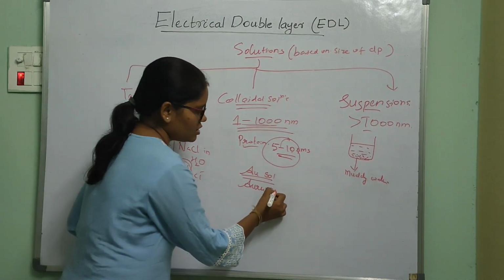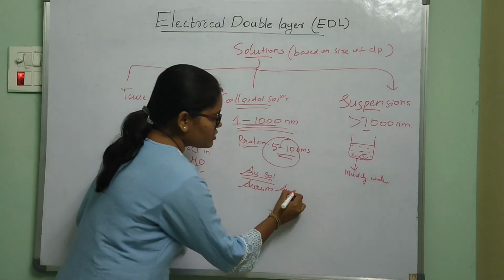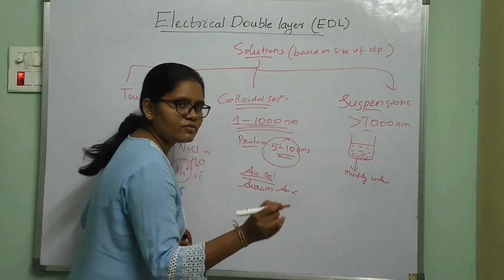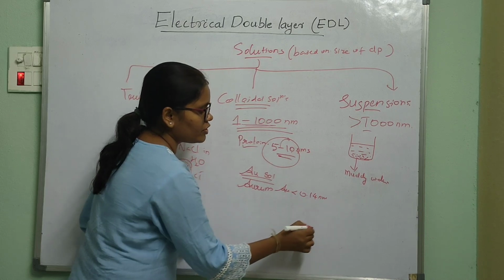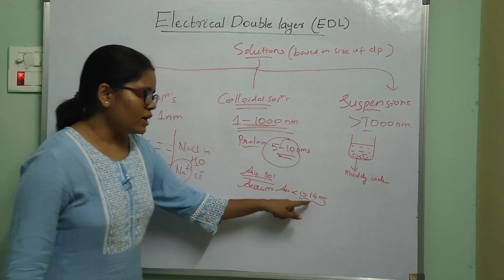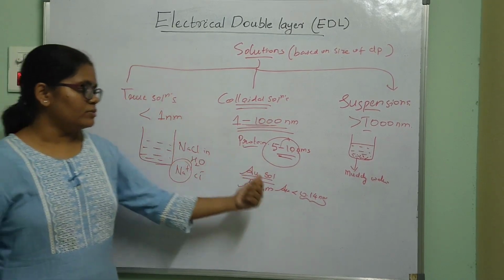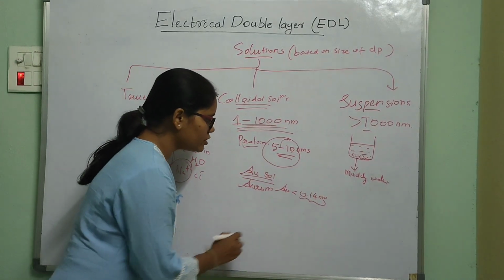Because we know that gold atoms are very small in size. The size of a gold atom is somewhere between 0.14 to 0.15 nanometers. So when the size of a gold atom is less than 1 nanometer, how can it form a colloidal solution? That should be the question.